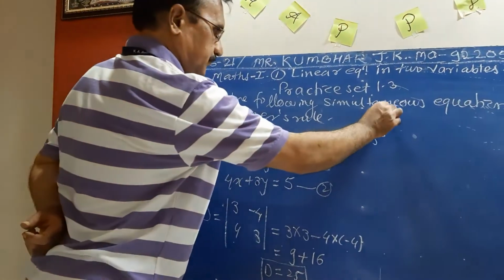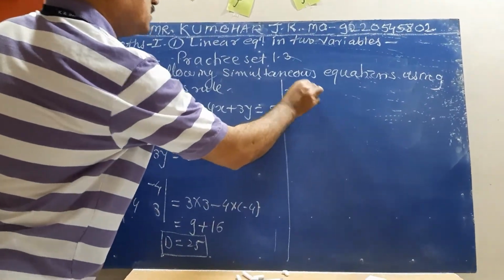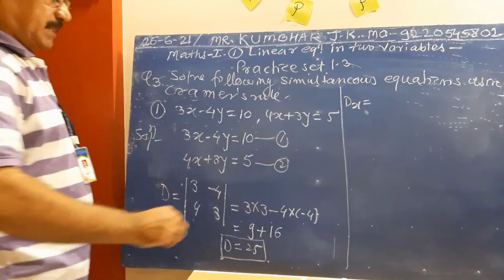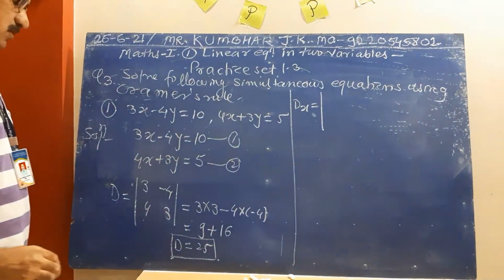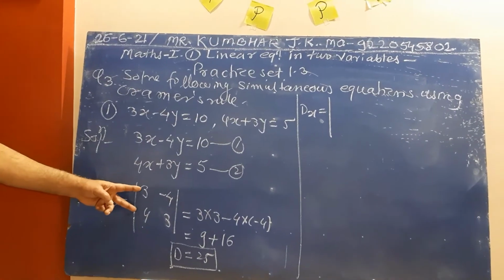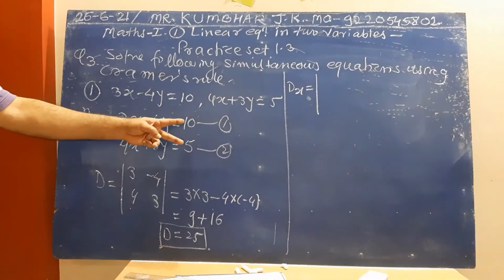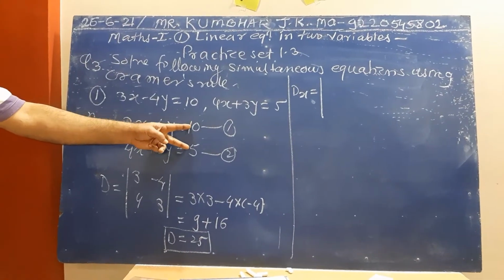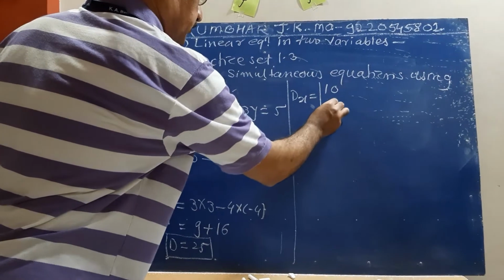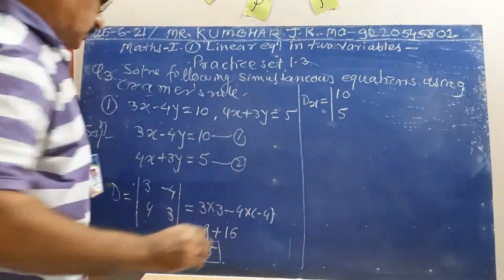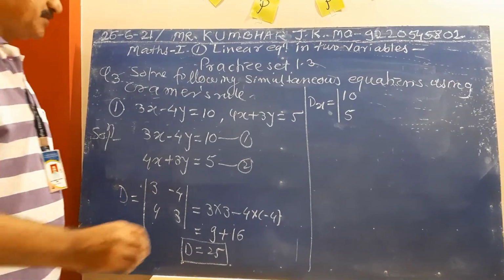Now what do we have to find? Dx. Again in the determinant, for Dx, you know, except these two, a1 and a2, we replace these two numbers by the constants, or reserve players, 10 and 5. So 10, 5, and these two numbers, b1 and b2, as they are: minus 4, 3.